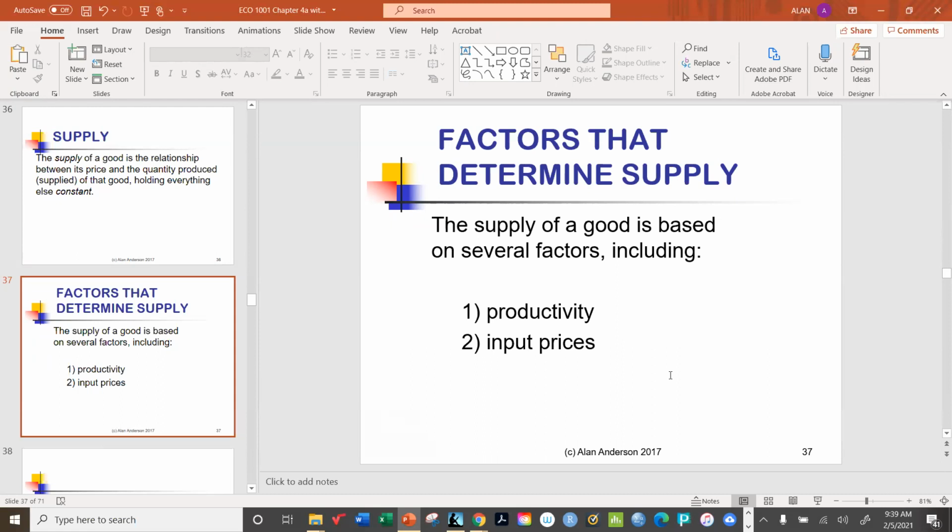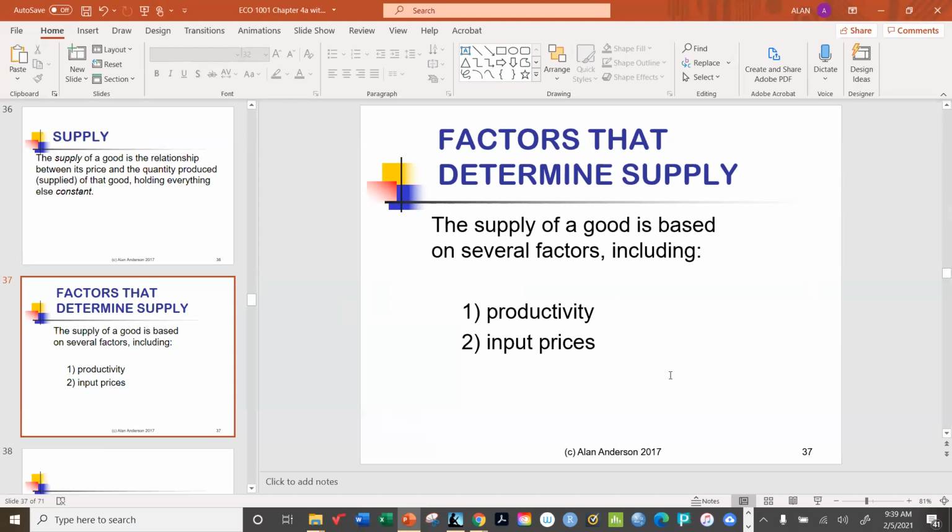Not so much in the pizza business, but in other areas like computers, productivity is heavily dependent on technology. As technology improves, what happens to the ability of Apple, let's say, to make MacBook Pros? It keeps improving.